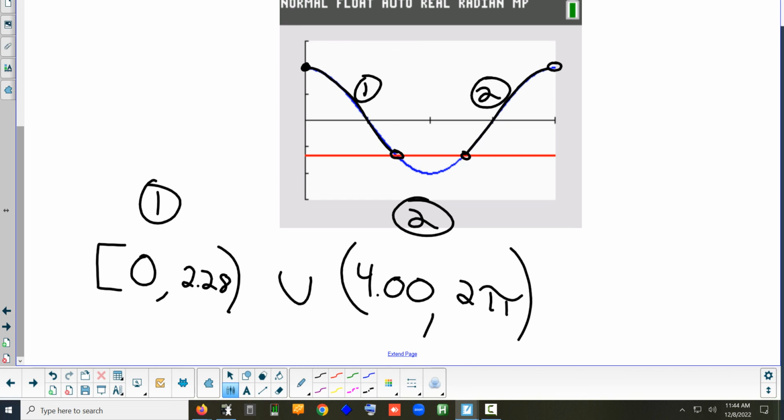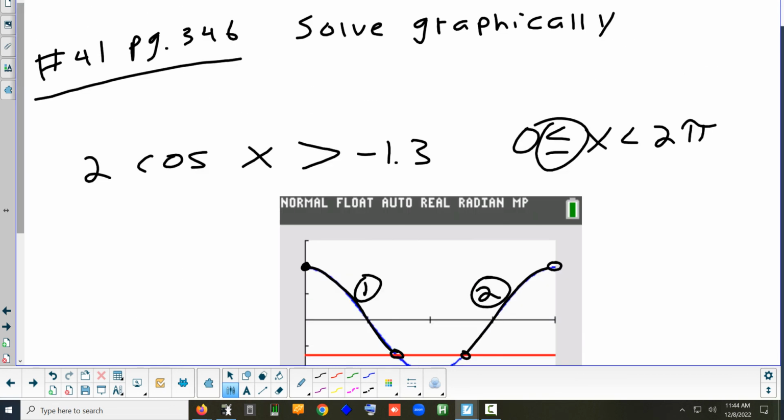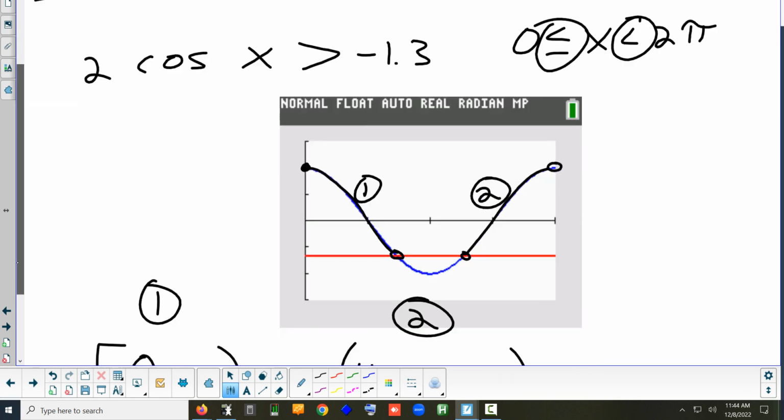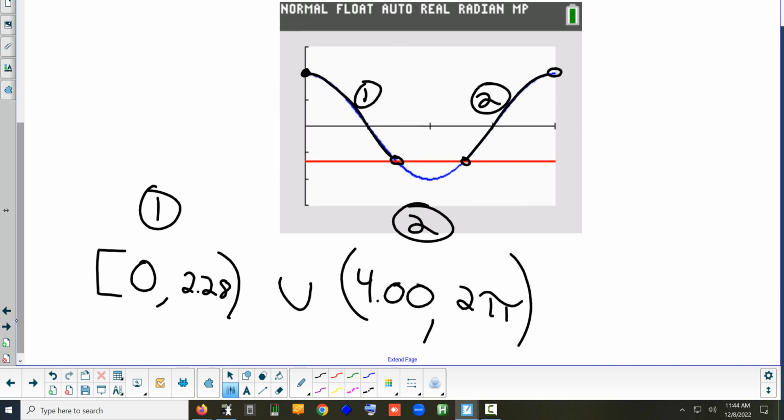Because you are not allowed to include the 2 pi in your answer. Like I said, 0 and 2 pi are repeats. So if you include the left edge of your screen, you don't include the right edge when you're doing it like that. Okay, any other questions on that?